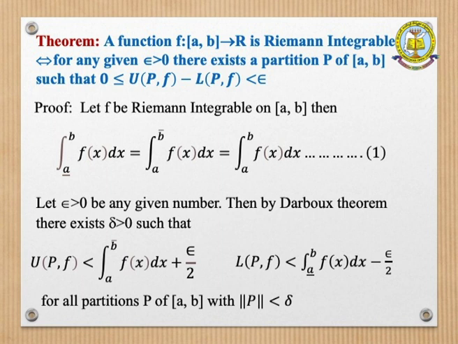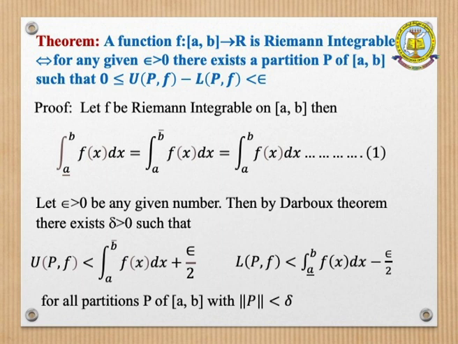The if and only if condition means you have to prove the theorem in two parts. First, suppose f is Riemann integrable and prove that UPF minus LPF is less than epsilon. That means, first suppose f is Riemann integrable on a b.